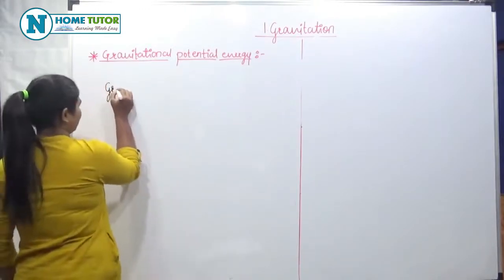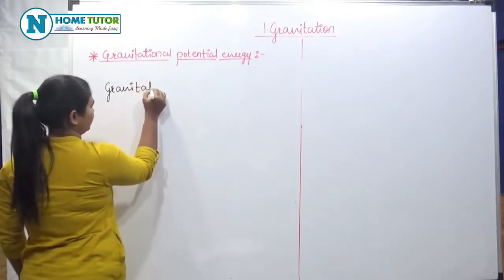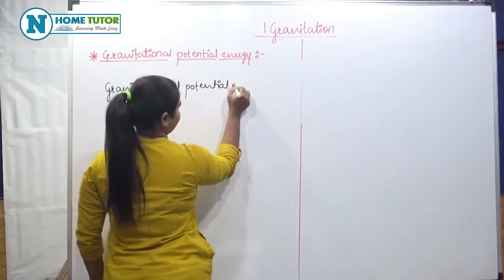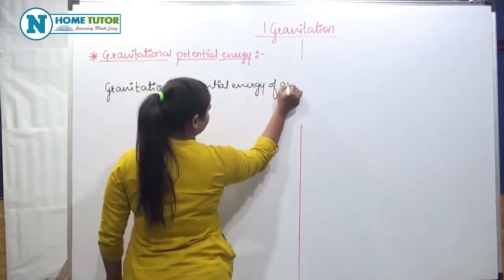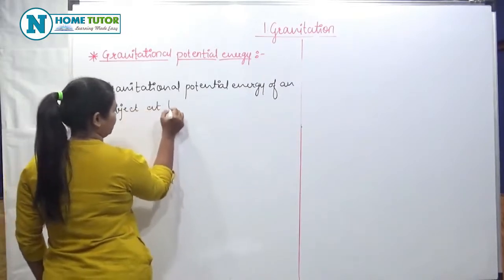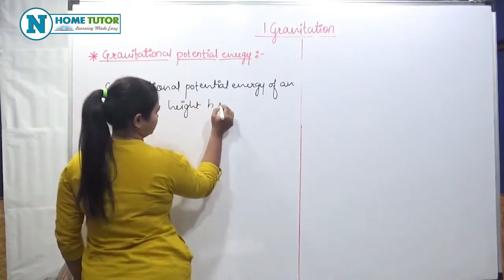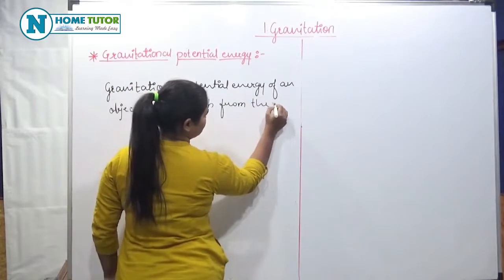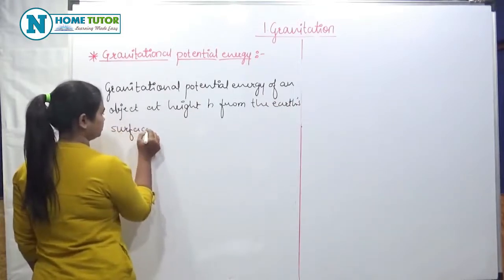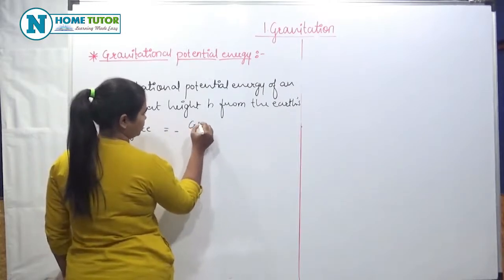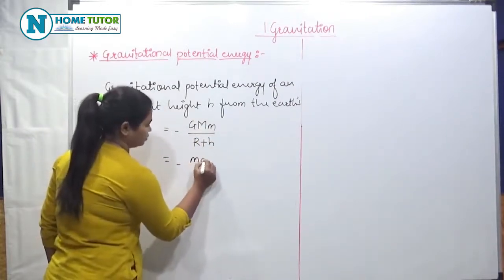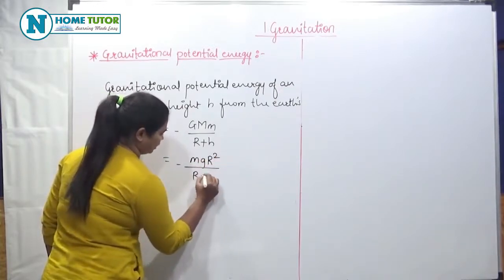The gravitational potential energy of an object at height h from the Earth's surface is minus GMm upon r plus h, that is minus mg r square upon r plus h.